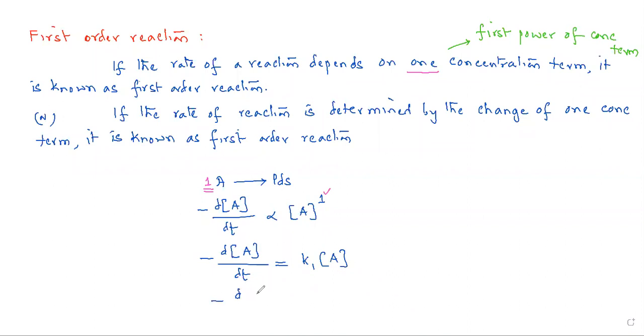Now, minus dA by A is equal to K1 into dt, right? Let us write this as dA by A is equal to minus K1 into dt, and we'll now go for integration of this.